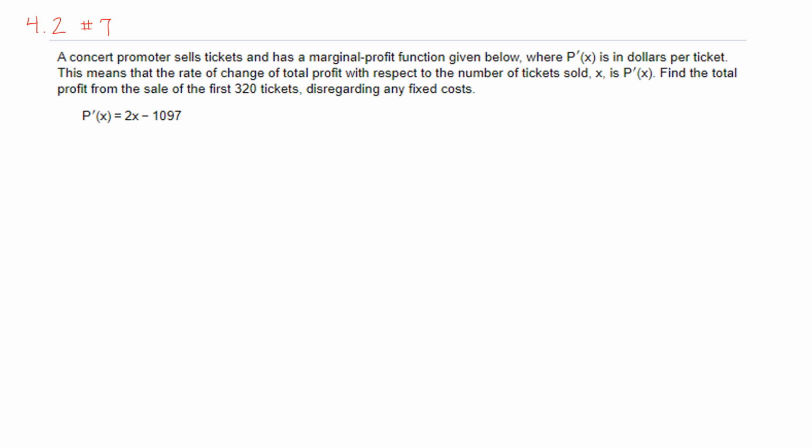And we've talked about from the very beginning that the rate of change is given by the first derivative. So hence P prime of X. One other thing I want to point out is that it's telling us that the number of tickets sold is X. We want to find the total profit from the sale of the first 320 tickets, disregarding any fixed costs.